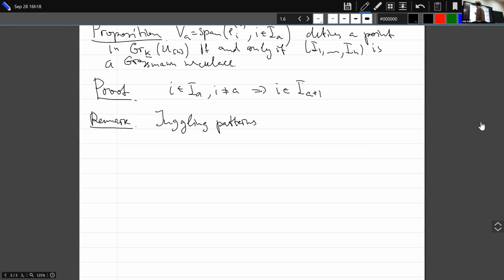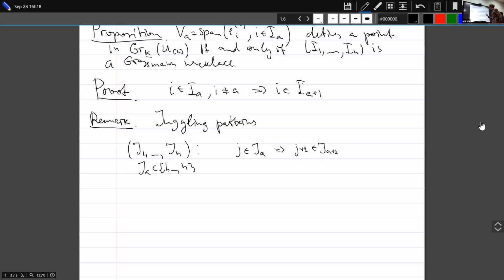So the correction is as follows. The definition of the Grassmann necklace is given here, and here you have J1 up to Jn, and the condition is that if J is from Ja, so again the Ja are subsets in 1 to n of cardinality k, then J plus 1 is from J. Let's do it like this.